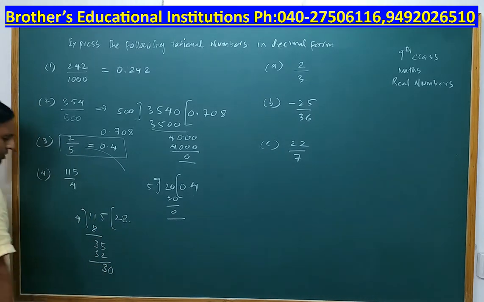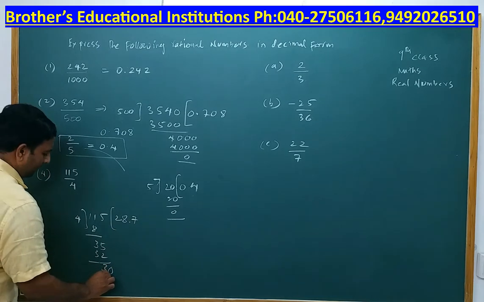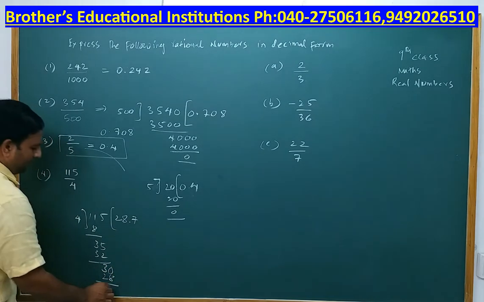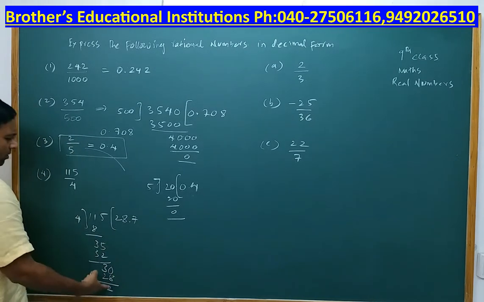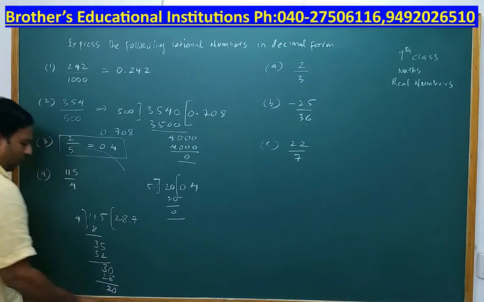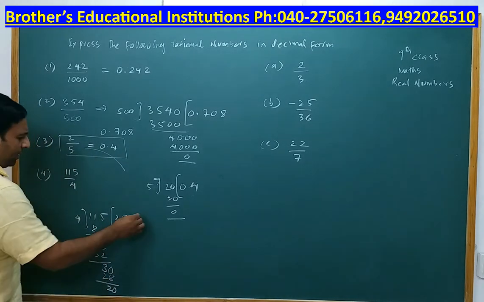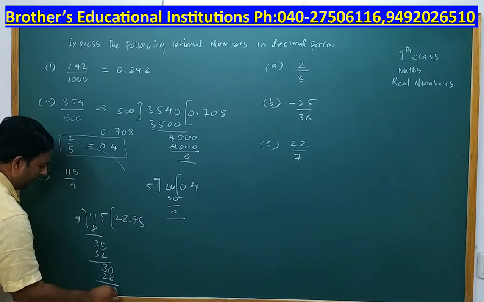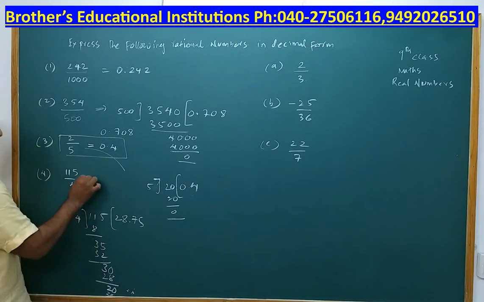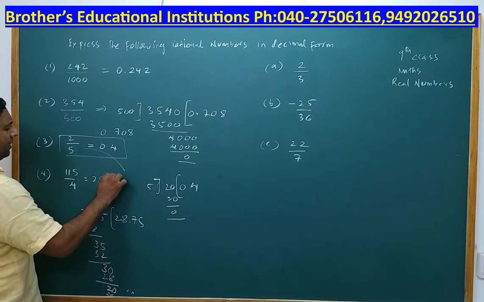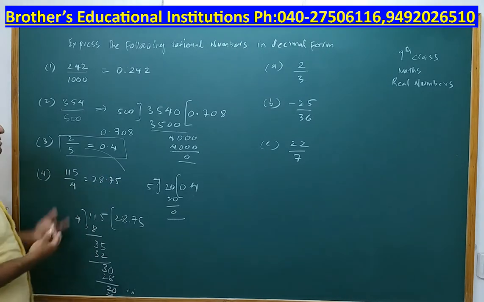So you will put 0. 4 7s are 28. What is the remainder? 2. Already you have taken a point, so you can always borrow 1 0. So 4 goes how many times? 4 5s are 20 and the remainder is 0. So the answer is 28.75. So these were the normal or simple divisions.